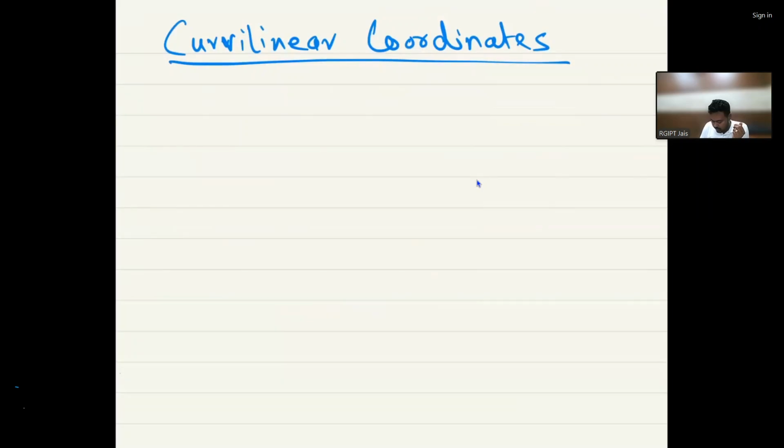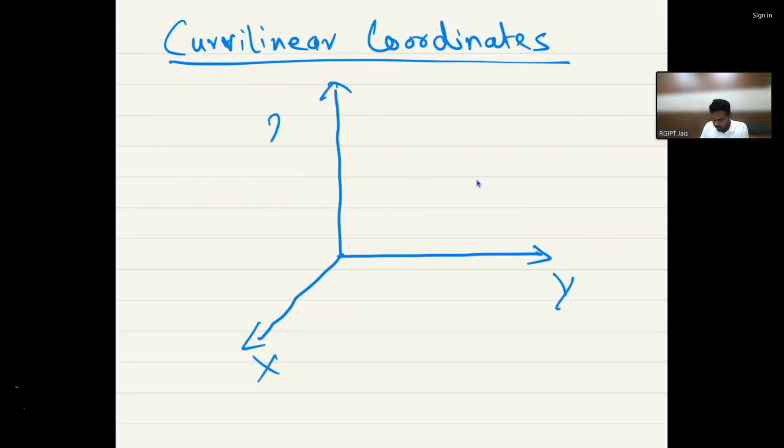So generally how can we represent this? Let's say this is the normal 3D Cartesian system, x, y, and z. Then let's say we have a point P here. We can represent this point P by some other coordinate system also. Let's represent it by this curvilinear coordinate system, which is drawn like this. These curves are general curves.